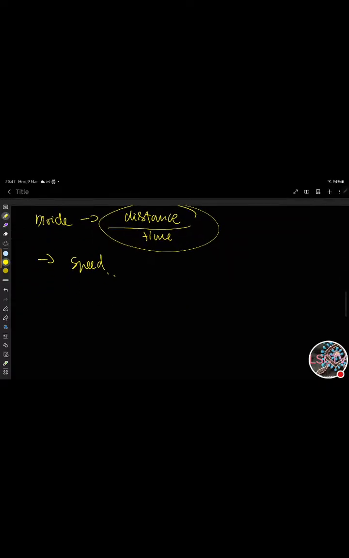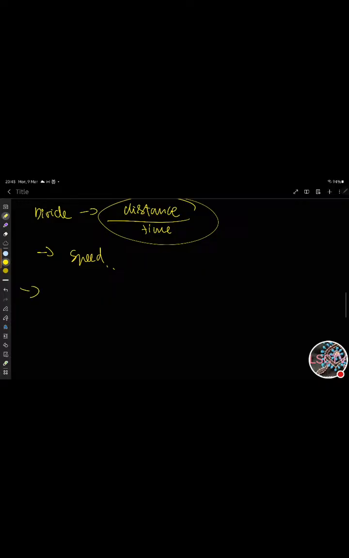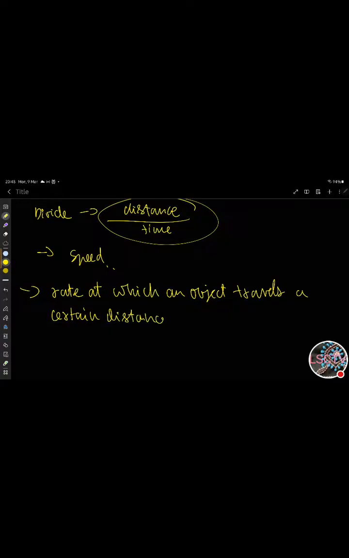So, speed is the rate at which an object travels a certain distance within a given period of time.